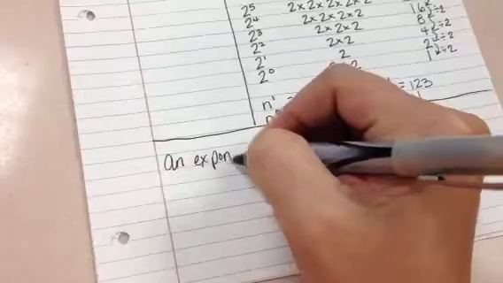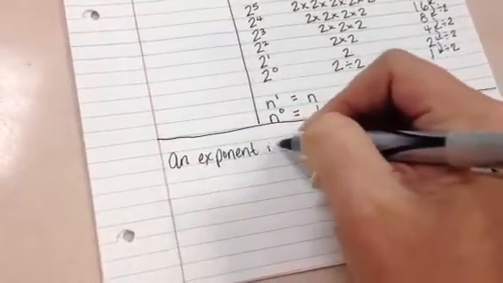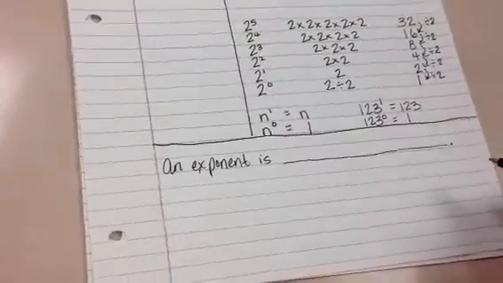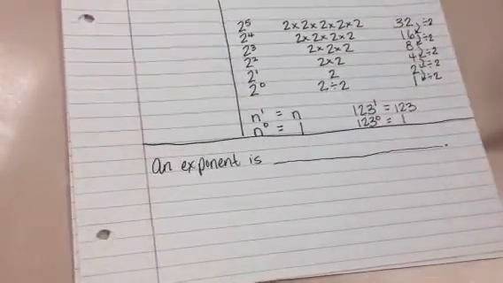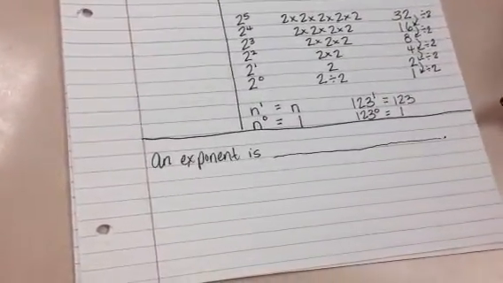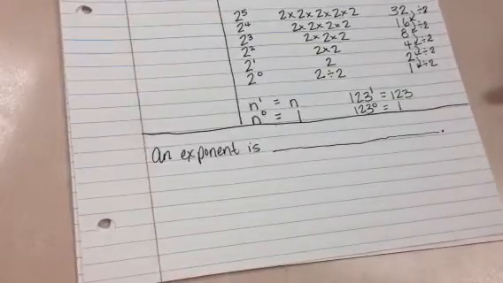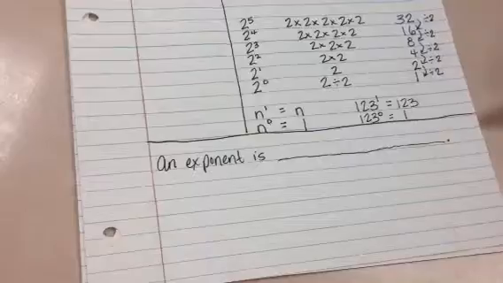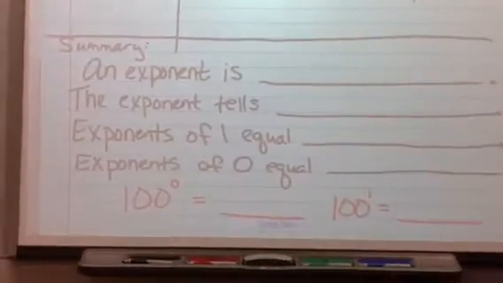an exponent is... an exponent tells... I'm going to pull it up on a different screen for you, make it a little bit easier for you to see. Let's do it just like that.